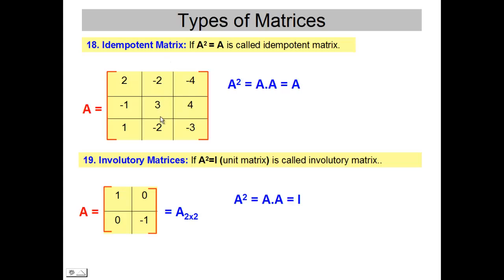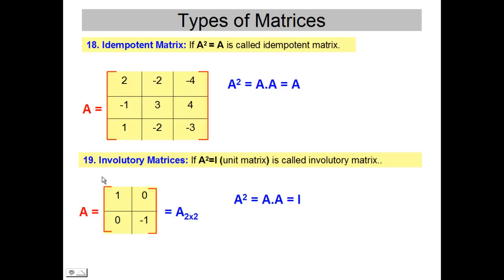Now the 19th matrix is the involutory matrix. Its property is that if the power of A equals 2, meaning the square, then the output is I, the unit matrix.